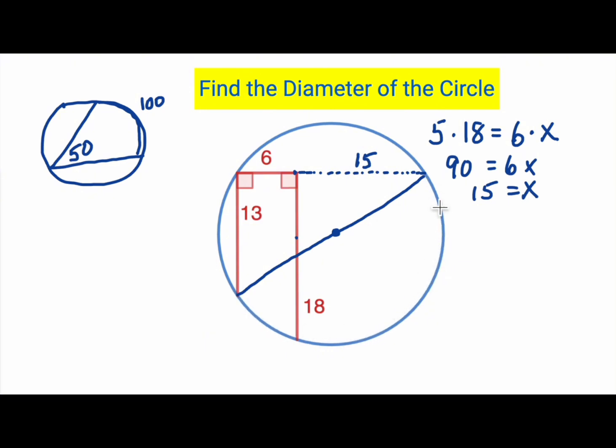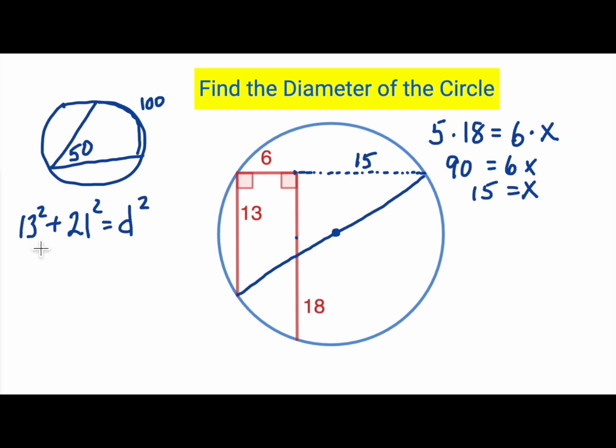And now what I can do is use the Pythagorean theorem on this right triangle here, which is going to be leg squared, 13 squared, plus the other leg squared, 21 squared, is equal to the hypotenuse squared, which in this case we'll call d squared.